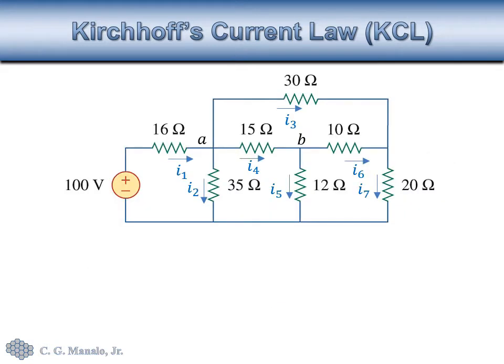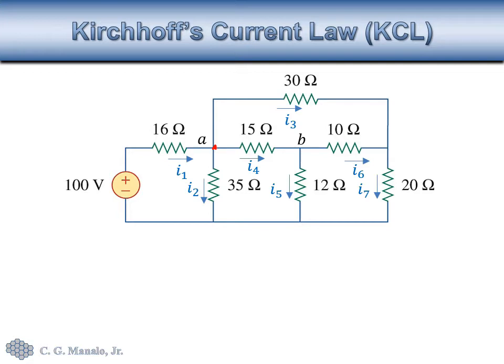So in this example, let's say we take node A here. By KCL, all currents entering minus all currents leaving must equal 0.